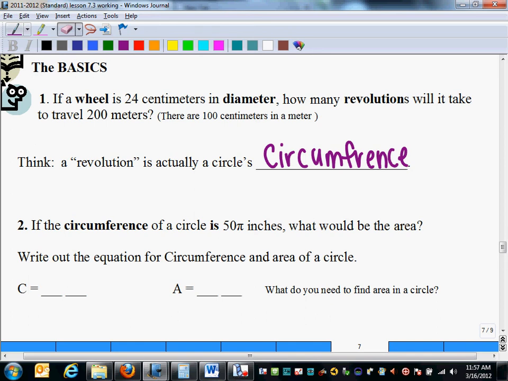What problem are you on? Finish page 6. You're not leaving this classroom until page 6 is done. Patrick, you're not leaving this classroom until page 6 is done.